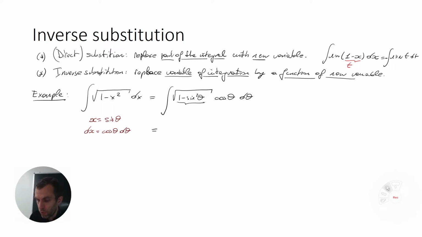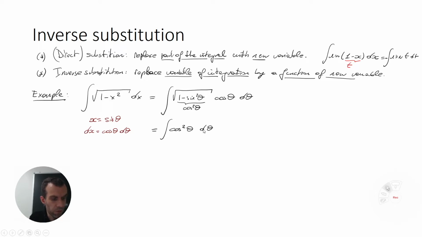So now you know 1 minus sine squared, that is cosine squared. We have cosine squared, the square root of that gives me cosine, so I'm left with the integral of cosine squared theta d theta. And now this is a slightly easier integral to solve.